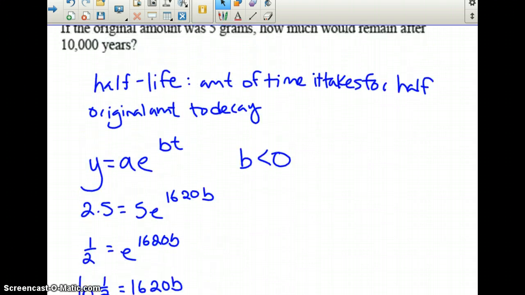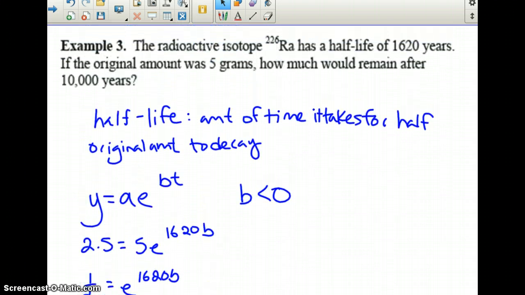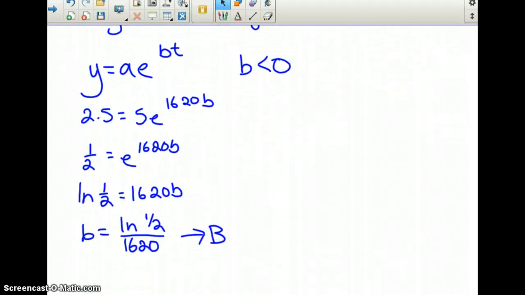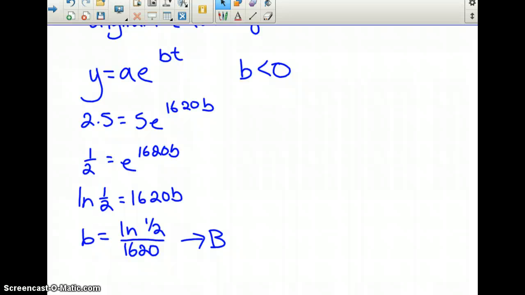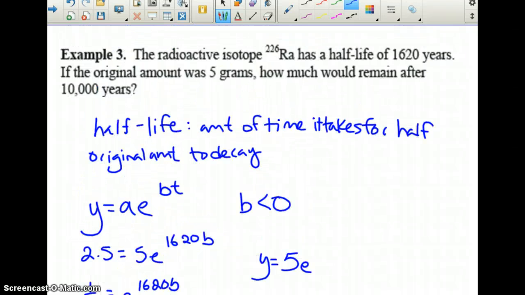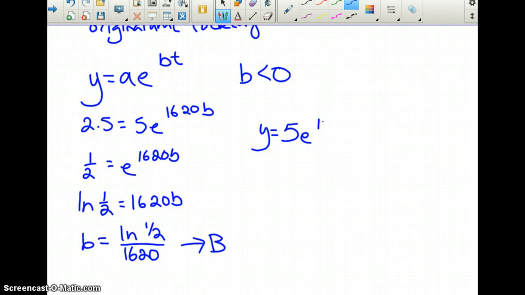So now we want to know how much would remain after 10,000 years. Same equation. y equals, we know that the initial amount is 5, e to the 10,000 b, and I'm using a capital B here because I have that value stored in my calculator.